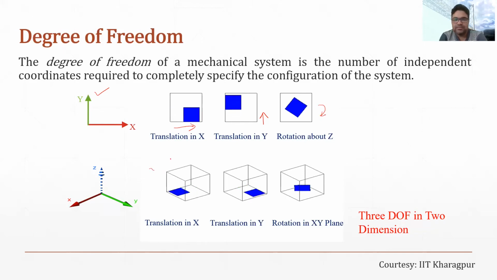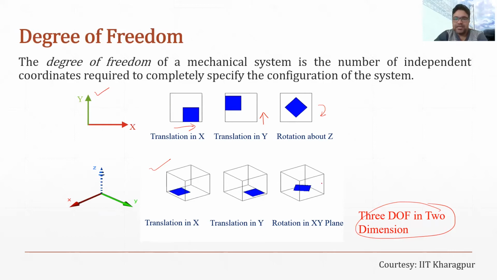You can see here these 3 movements in 2 dimensions. When we analyze our structure in 2 dimensions, these are the 3 movements that we are supposed to stop or constrain.